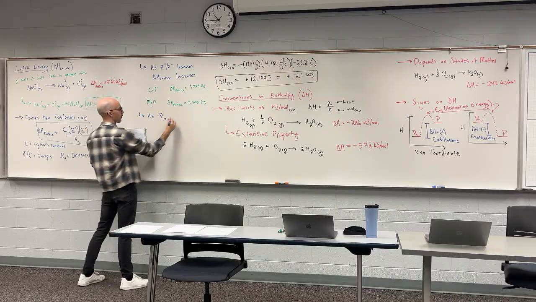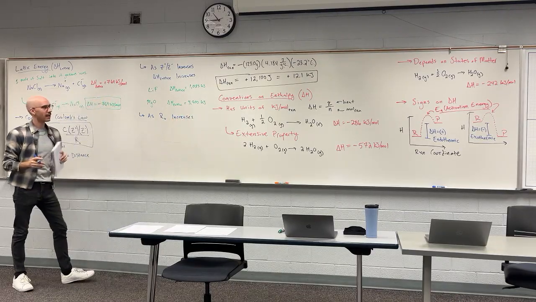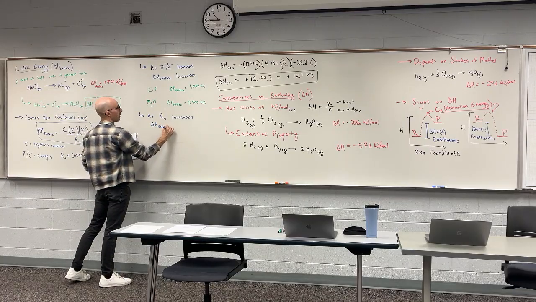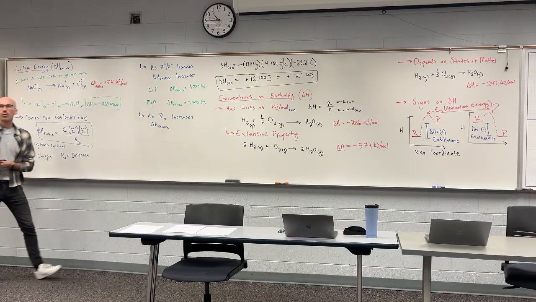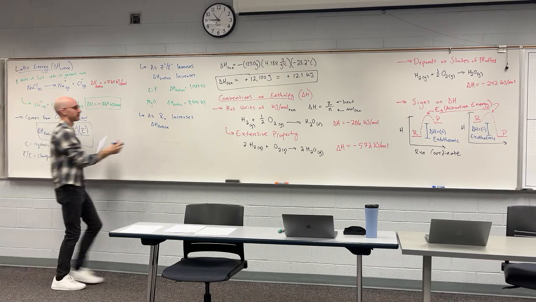As the ionic radius increases, that is to say the ions are now further apart, what impact do you think this will have on the crystal lattice? Will it be easier to pull the ions apart or harder to pull the ions apart as the ions sit further from each other? Easier to pull them apart, so delta H decreases. I require less energy.